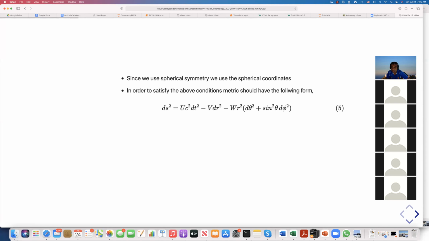So this is based on the need for a spherically symmetric condition, and we are going to use spherical coordinates for that reason, and we should have a time component. And initially we define that the metric should have this form.